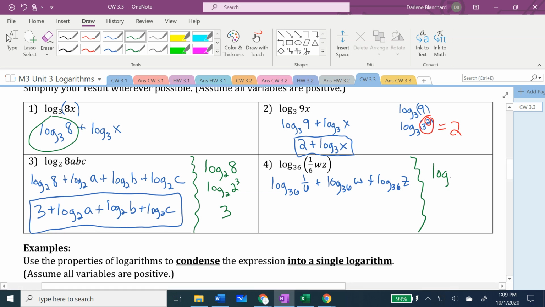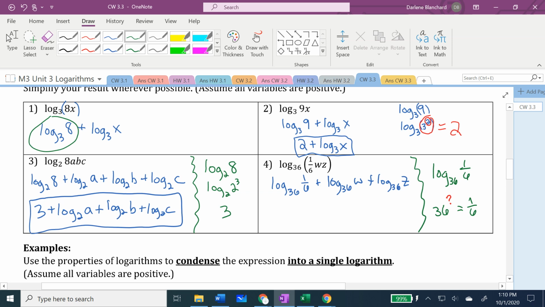So log base 36 of 1/6. What is that actually asking? That is asking what is the exponent on a base of 36, putting a question mark for that exponent, so that I can get an answer out of it that is 1/6.